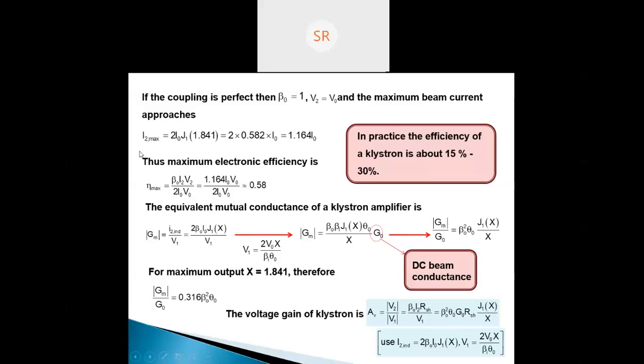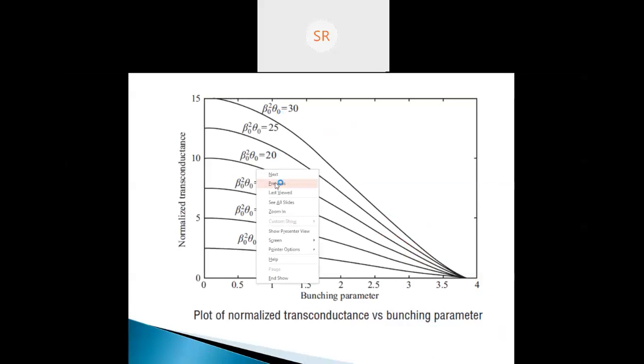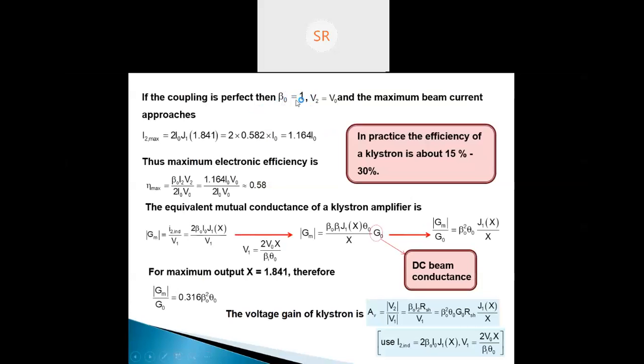What will be the maximum electronic efficiency or maximum beam current? If the coupling is perfect, we can say the beam coupling is perfect, or the catcher cavity is perfect. In that case, beta 0 is equal to 1, V2 is equal to V0, meaning output V2 is nothing but V0, that is when maximum beam current approaches.